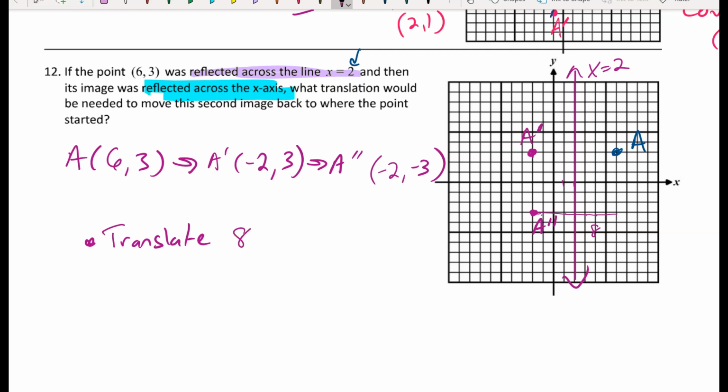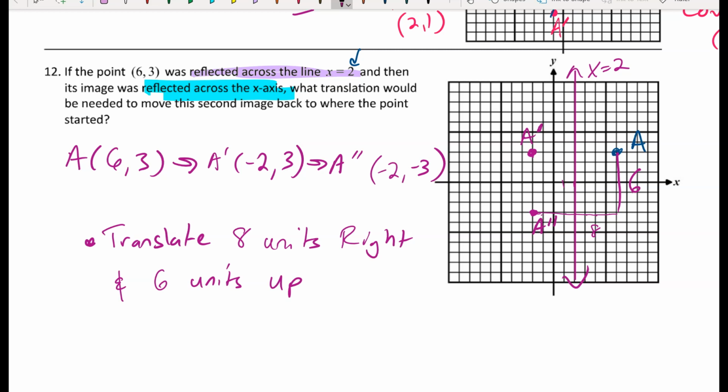So if I translate 8 units right, and, that's my symbol for and when I'm lazy, 1, 2, 3, 4, 5, 6 up, and translate 6 units up, I would end up right back where I started.